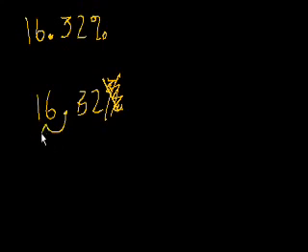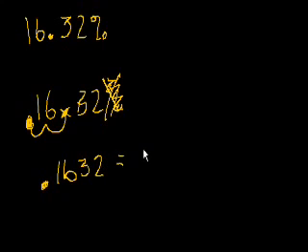So 1, 2. This is the new place for the decimal. That decimal goes away. So it's 0.1632, which is equal to 16.32%. I think you might be getting the idea now.